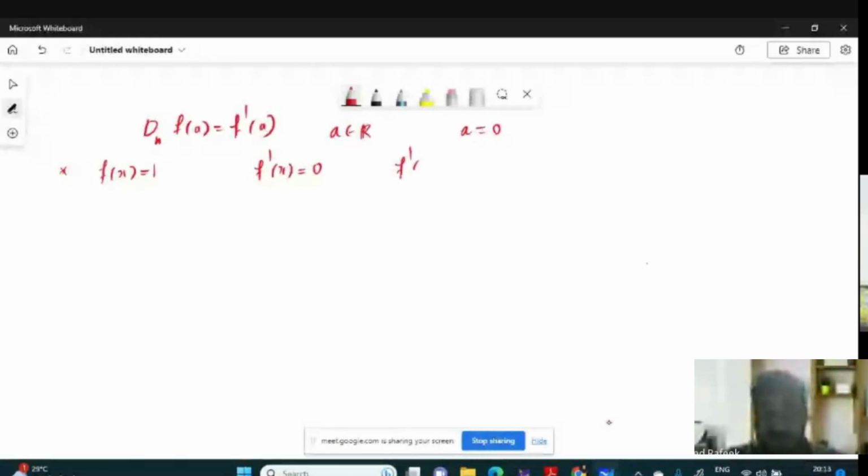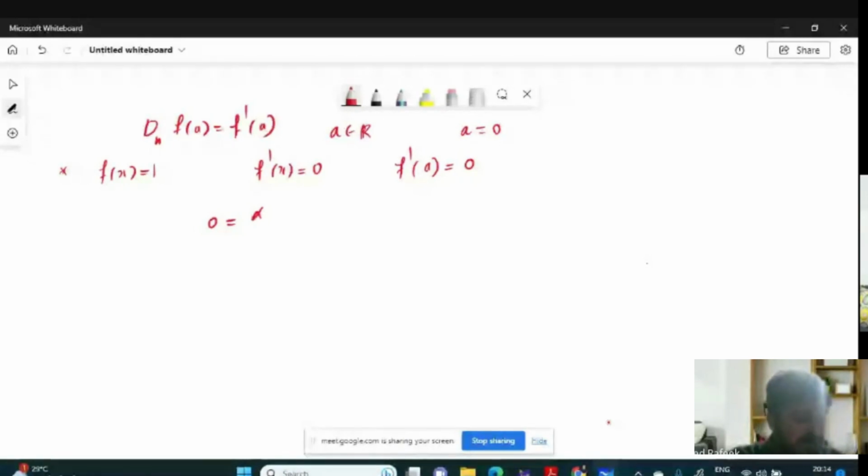On the left hand side, D_h f(a) equals f'(a), that equals 0. So 0 equals alpha into f(a minus h), with a considered as 0, f(negative h), which is 1 only.